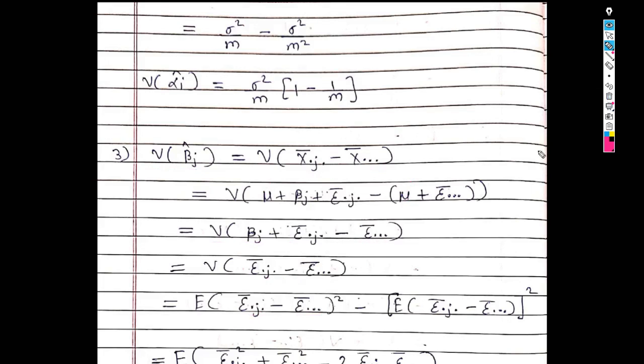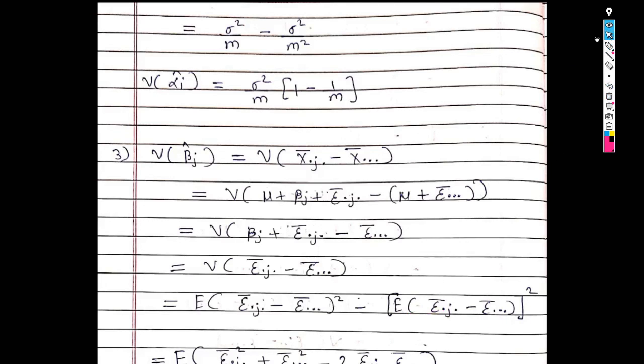Now if we take this expectation inside the bracket, expected value of this term is 0 and expected value of epsilon dot dot dot bar is also 0. So we get this whole term 0.